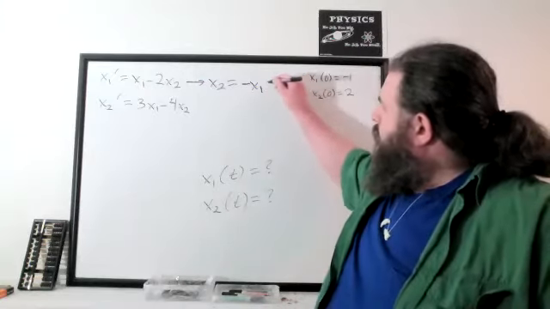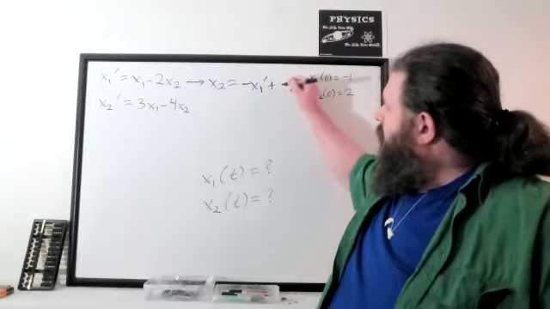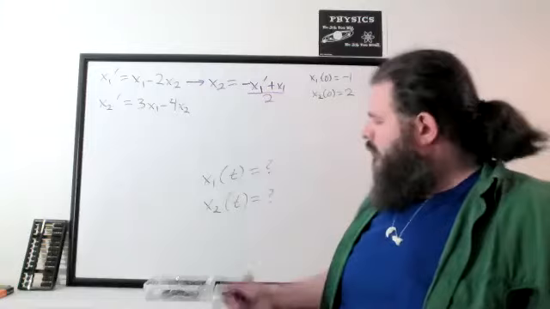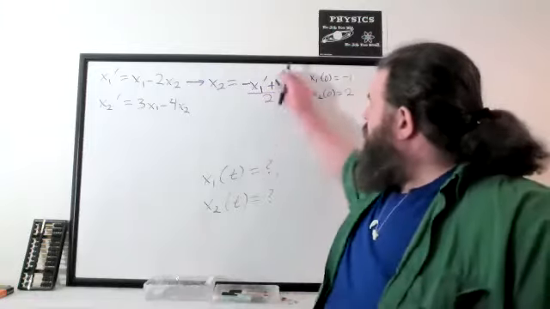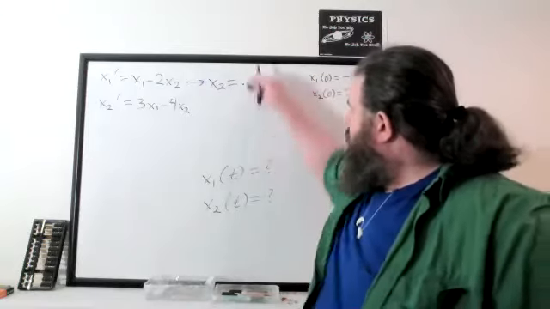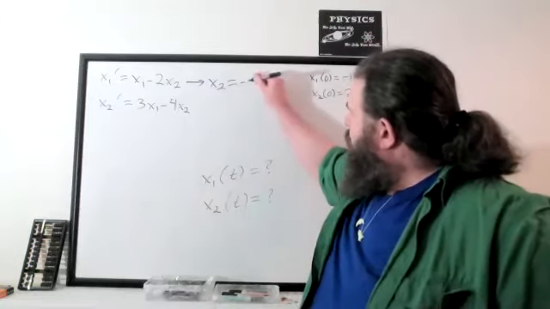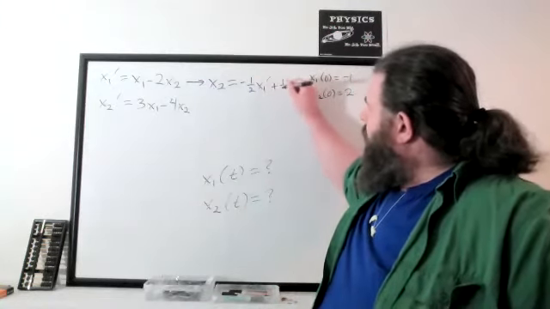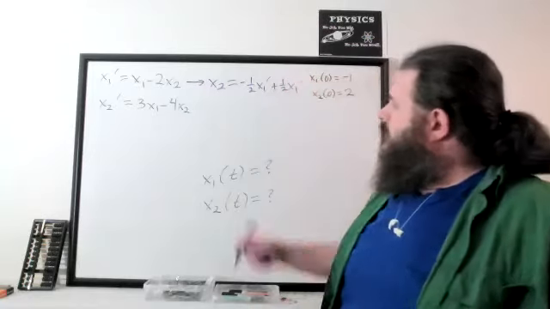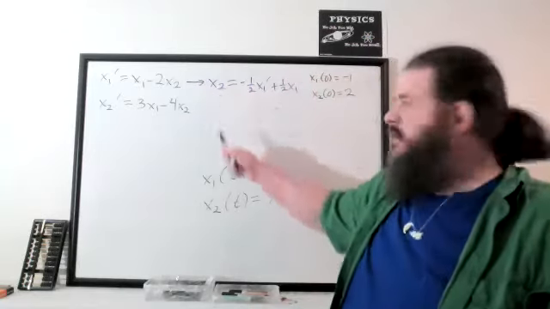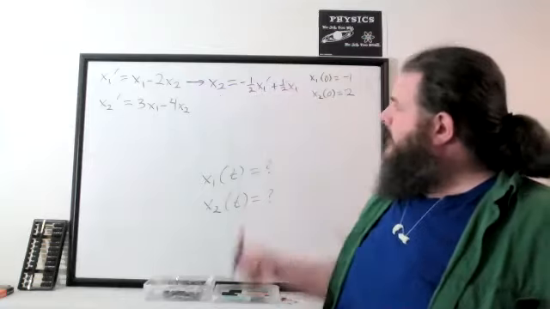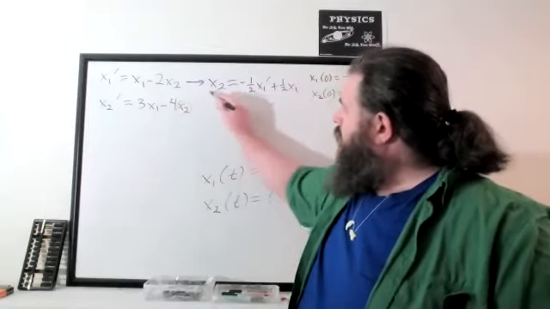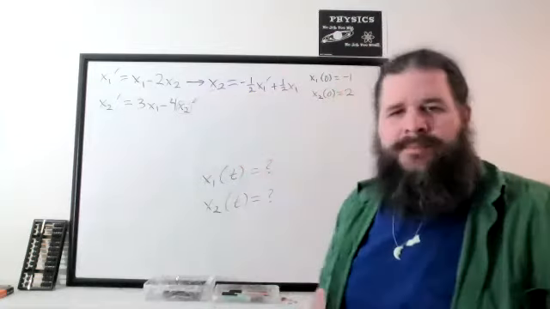Negative x1 prime plus x1 all divided by 2. Or we could just attach the 1/2 coefficient to both of those. Let's say negative 1/2 x1 prime plus 1/2 x1, which means everywhere we see x2, we can replace it with this expression, including, for instance, here. This x2 could be replaced by this whole thing.